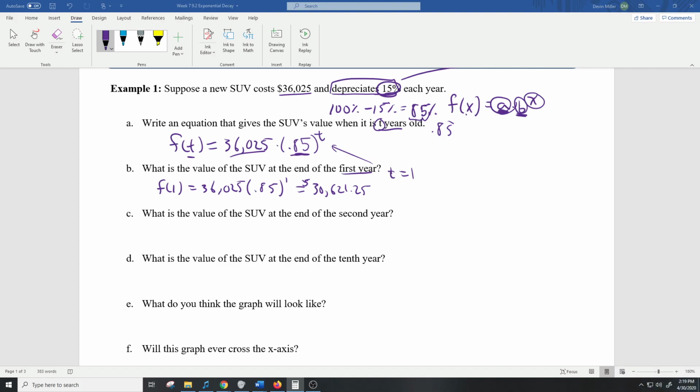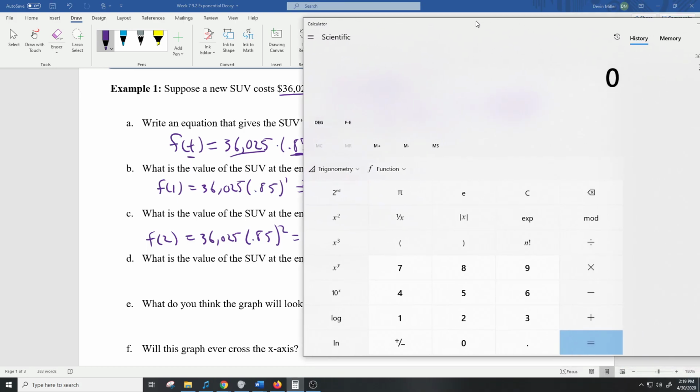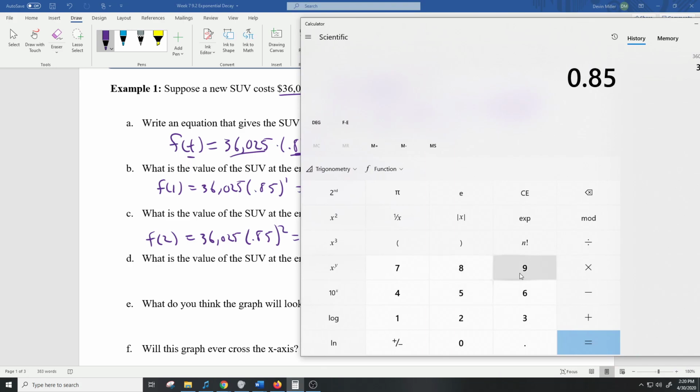Now we can figure out the value of the SUV at the end of the second year. The only difference is we plug in t equals 2. So we're doing f of 2 equals 36,025 times 0.85 to the second power. That one's going to take a little longer. Don't forget, you have to do exponents first before you multiply. So I'm going to do 0.85 to the power, this is the XY button, you can see a little caret up here as well, to the second power, which equals this decimal.